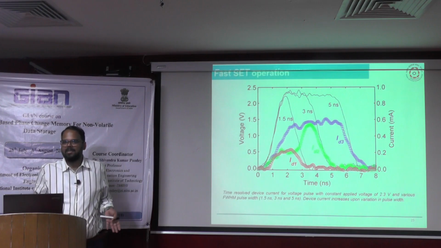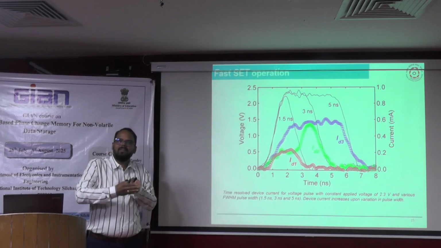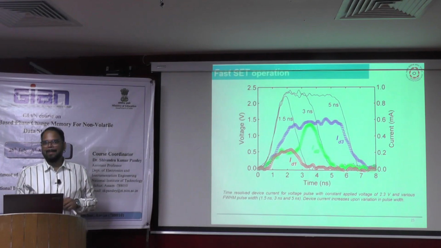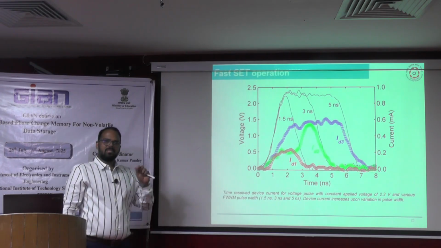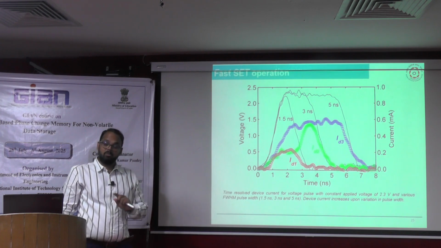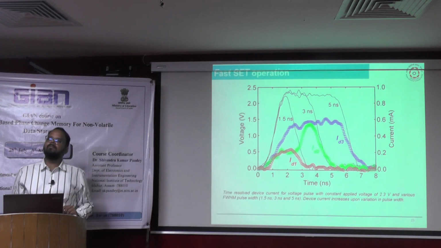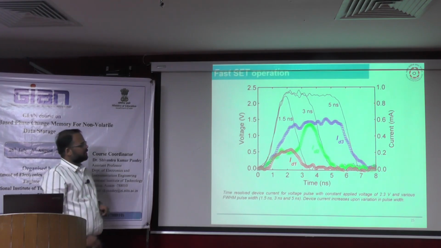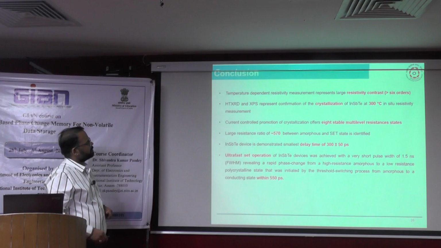Why? Because you are increasing the time. So pulse duration and pulse amplitude are both very important if we want to figure out multi-level storage, and then you can tune that state. So this is the analysis with respect to that.